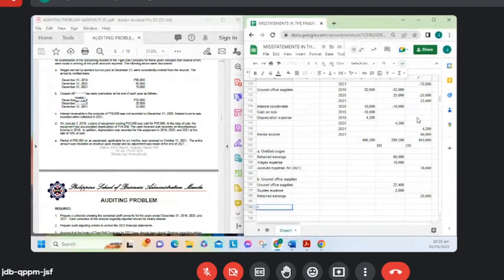Letter C, interest receivable, amounting to 18,000 not recorded. So it means retained earnings. Yeah, correct.